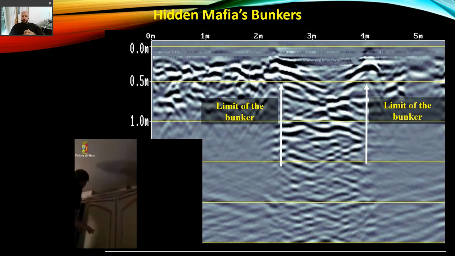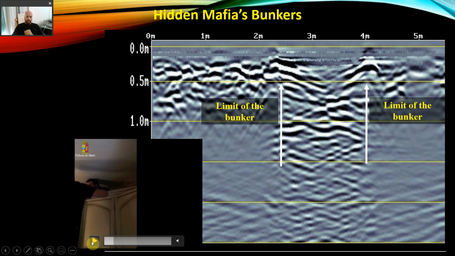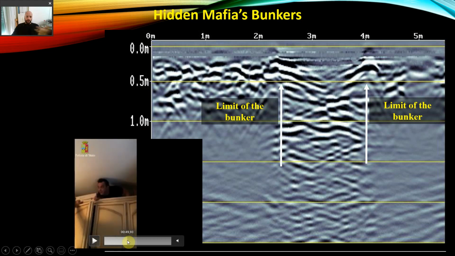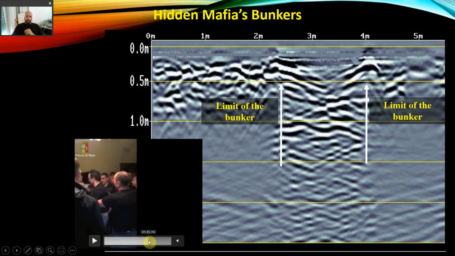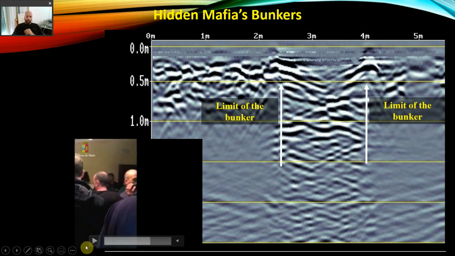Another example of a bunker, in which law enforcement found a person hidden inside, was this one. The radargram clearly showed the anomaly related to a bunker with its limits. And you can see that the person was hidden inside, as you can see here from this video. The dimensions of the bunker were very interesting, because they were very, very small.